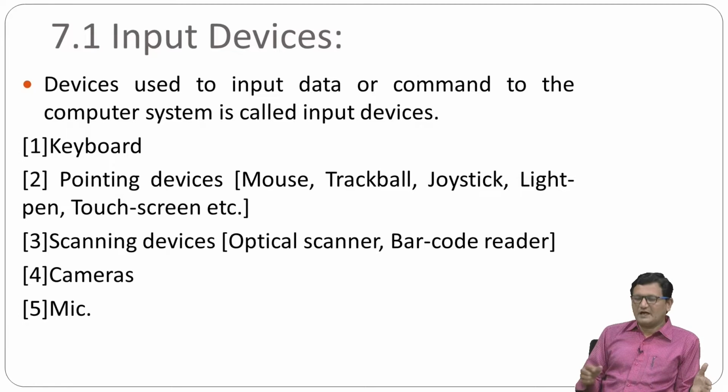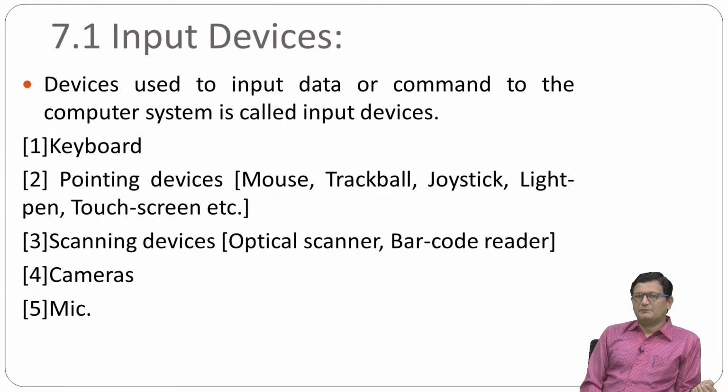Scanner: where you have a document and want to input that entire document into your computer or laptop, you need to use a scanner. Sometimes when you go into the supermarket, every product has a barcode, and the person generating the billing has one small gun.